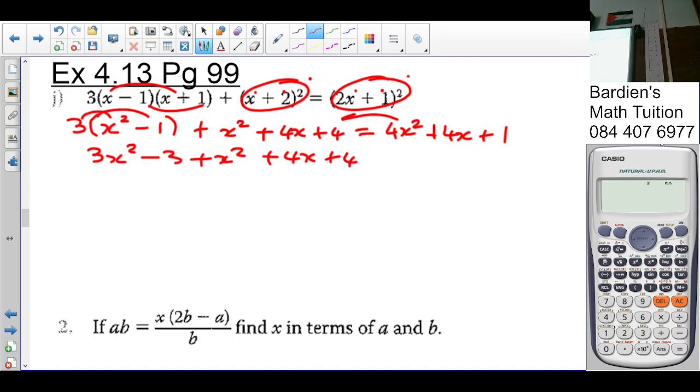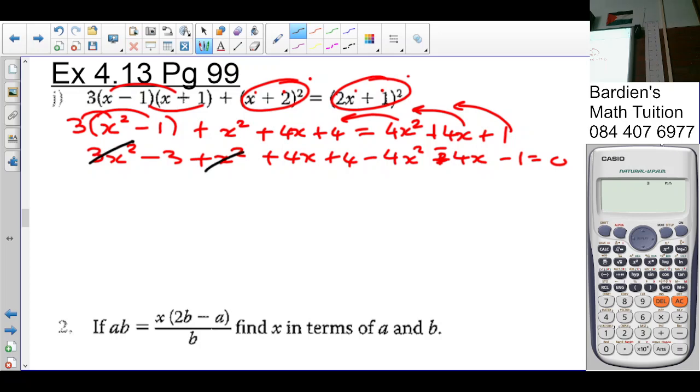I'm going to bring everything to one side. Why not x's on one side, numbers on the other side? Okay, you actually should take x's on one side, numbers on the other side. Why? Because this actually cancels out here.